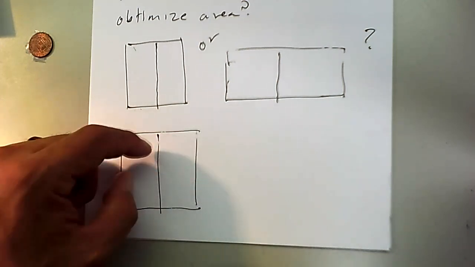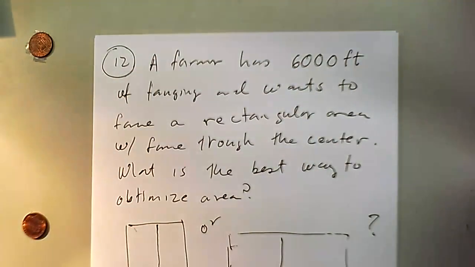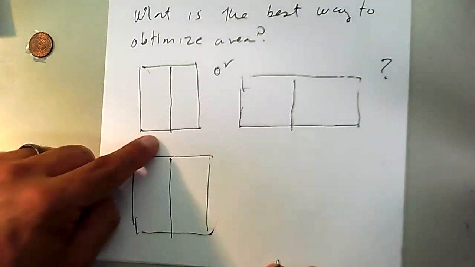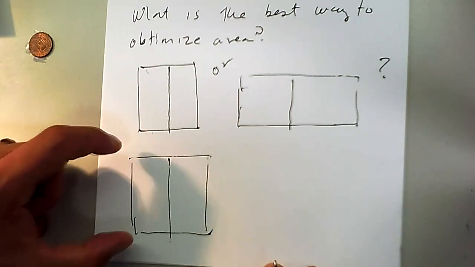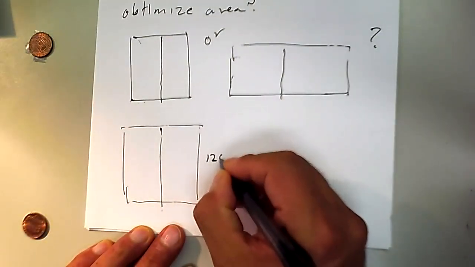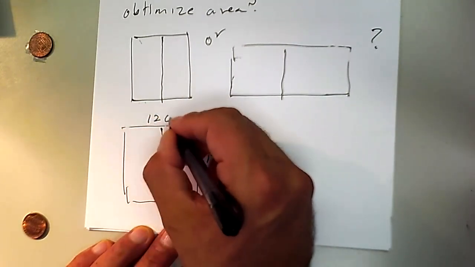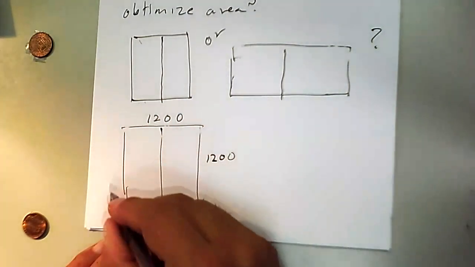Well, divide 6,000 by 5, because we have 5 sides. So each one would have to be 1,200. So 1,200 this way, and 1,200 that way.